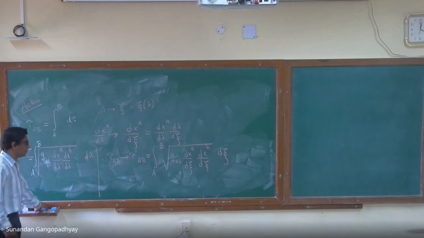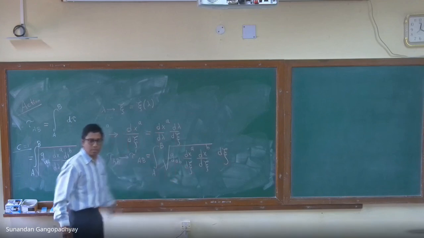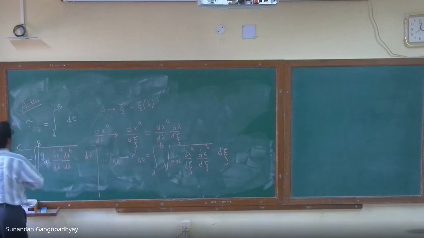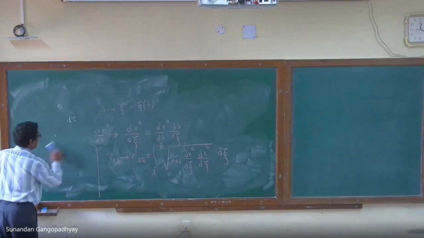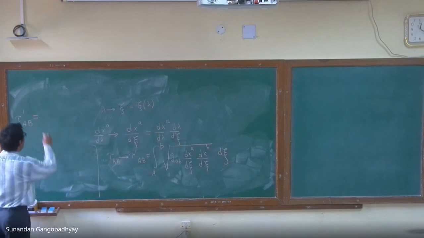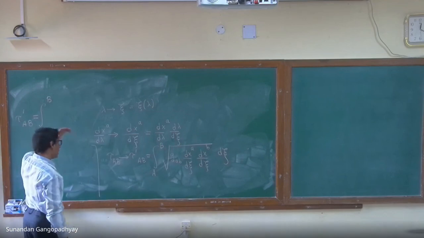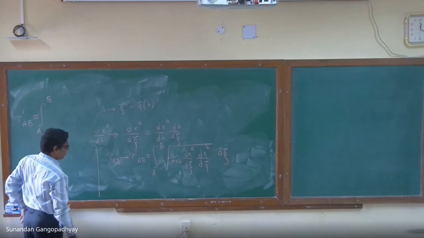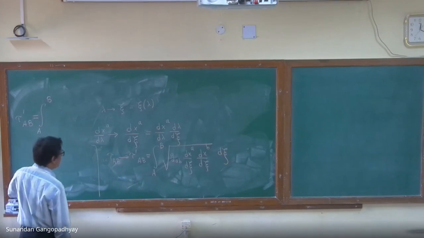Okay. Under this reparameterization, tau AB goes to tau prime AB, that is equal to this. Now, tau prime AB is equal to integral A to B. What is desired? Or this you can write it down as what? dxa desired is.